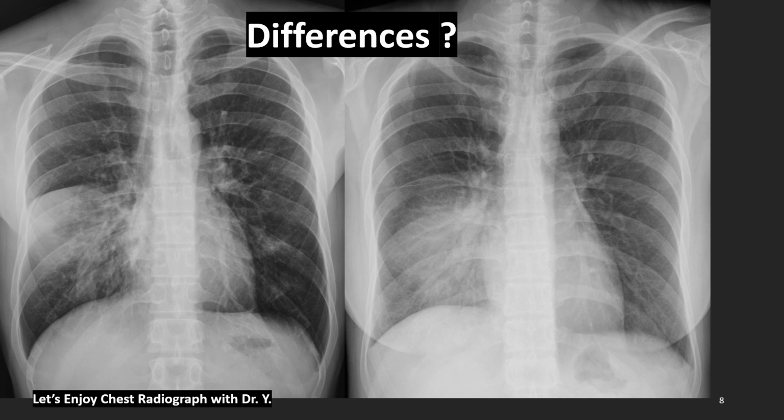What are the different findings of these two films? These two images are telling us all about the silhouette sign. If we closely and slowly investigate the nature of these findings, we will become the master of the silhouette sign.